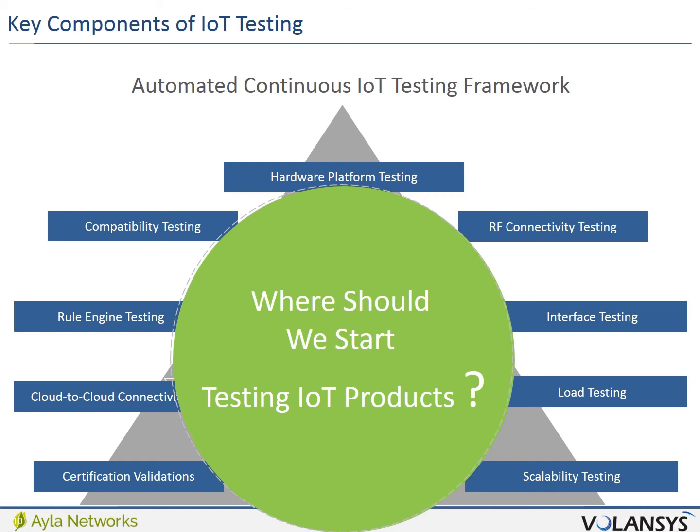If there is a rule engine involved, we need to test the rule engine as well for the smarter applications. A lot of certification testing needs to be involved, and many more. Also, it is very important that each of these components function with each other in a very seamless manner. But the question is, where do we start? So, moving to the next step.